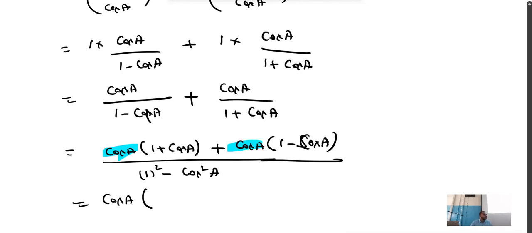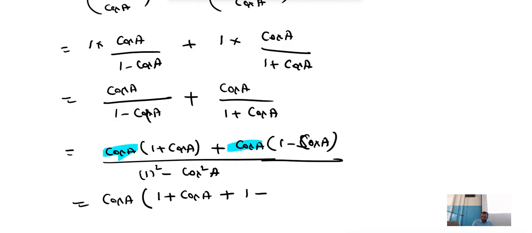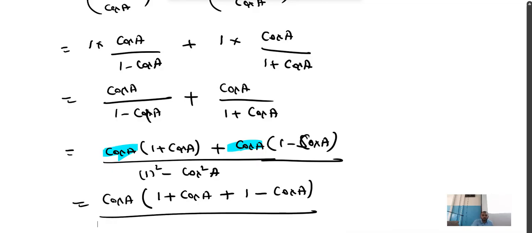If cos A came out, what is left out here? 1 plus cos A. Plus cos A came out, what is left out here? 1 minus cos A. Divided by 1 square is 1 minus cos square A.